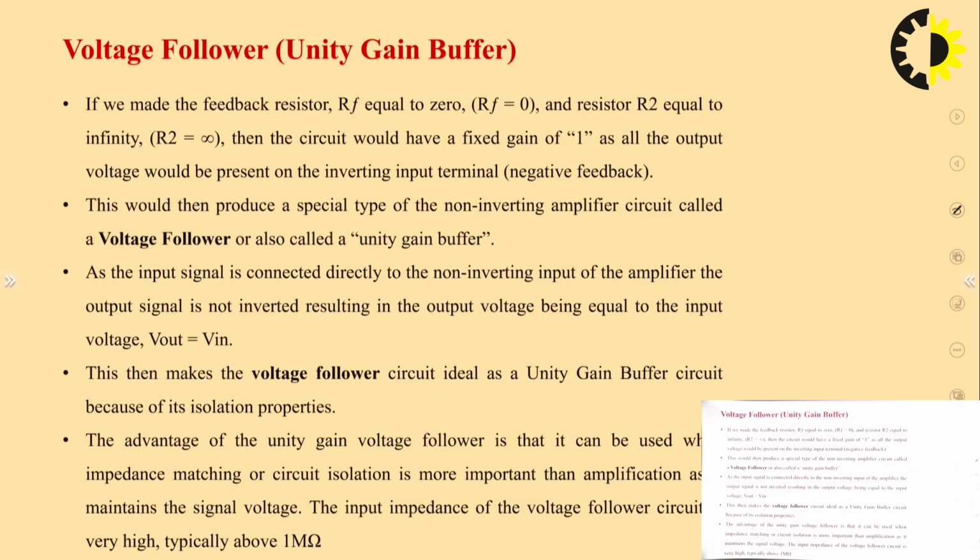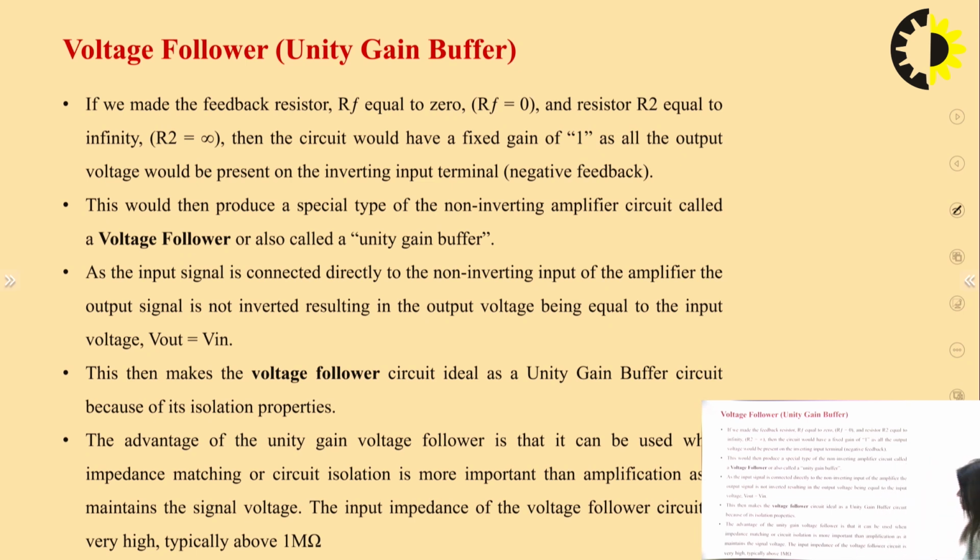Now coming to the voltage follower circuit. For the voltage follower, I make this RF equal to 0, that means I am connecting the output voltage to the input directly, and then the circuit would have a gain of 1. I give the voltage to my positive terminal, the non-inverting terminal.